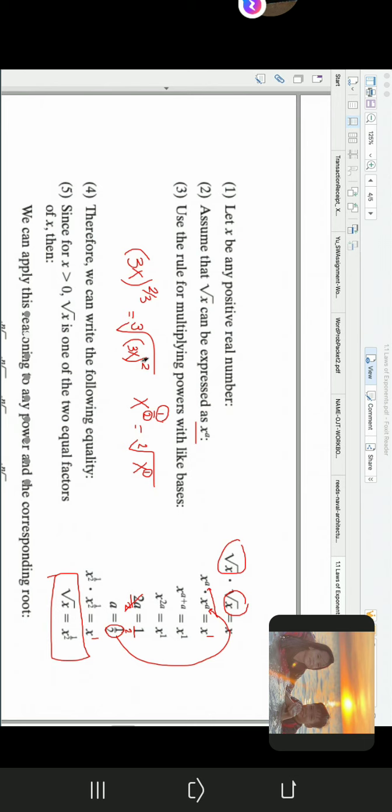You have to put 3x inside the quantity, because if you say cube root of 3x and then squared, it's not the same thing, because only x would be squared, while here both of them are inside. So you have to put it inside the parentheses. Okay, that's the law of radicals.